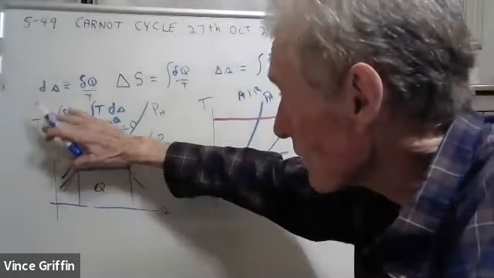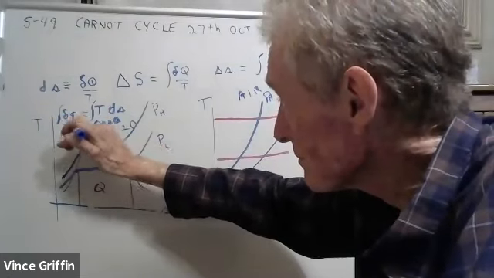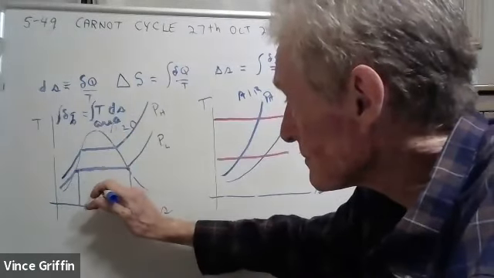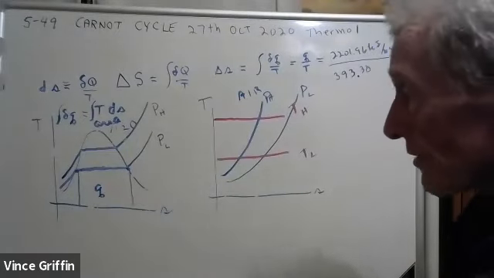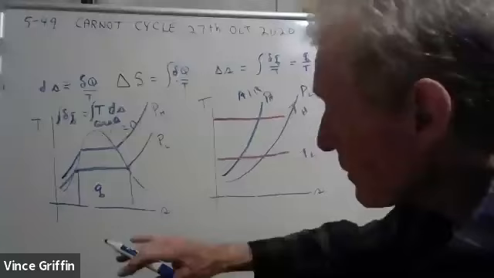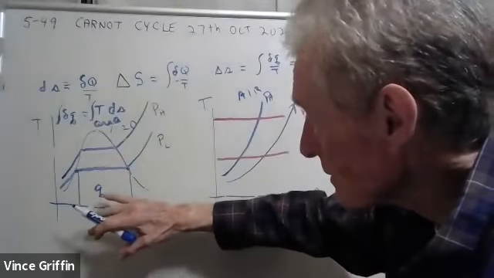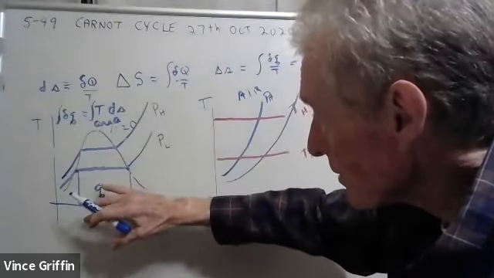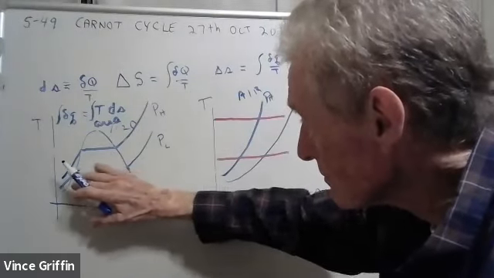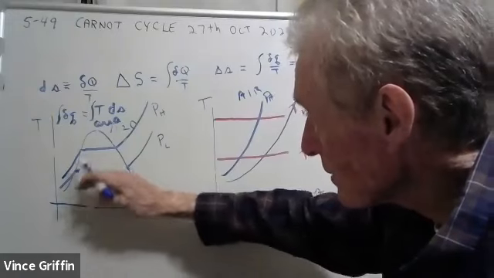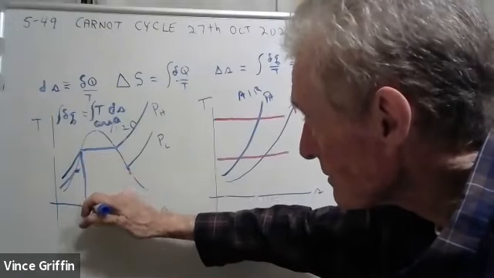I need small letters, sorry. It's the area under your graph. If you wanted the heat transfer up here, say from here to here, well, we can do that. Let's do that. That would be this area here.